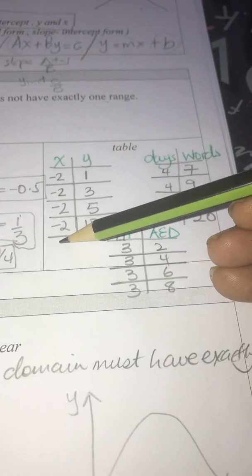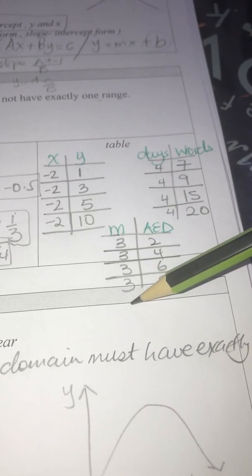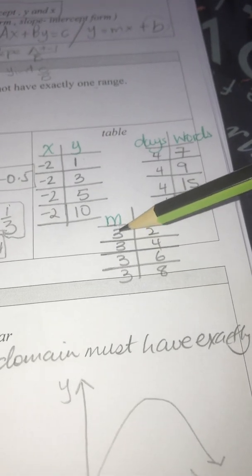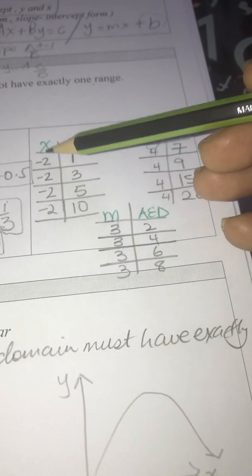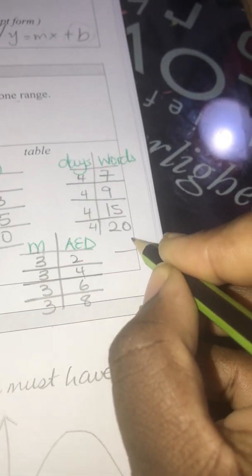Now, how does it look in a table? You'll have the same number on x, different numbers on y. Same number on x, or you can also have the same numbers on y. But as long as x is the same number, then it is a vertical line. As long as all the x's are the same number. So you can also have another one that's like this.